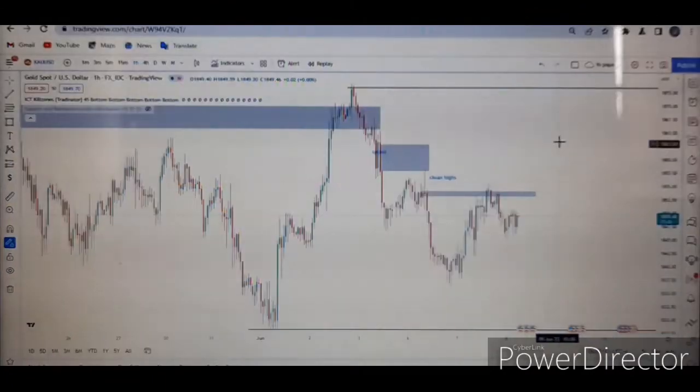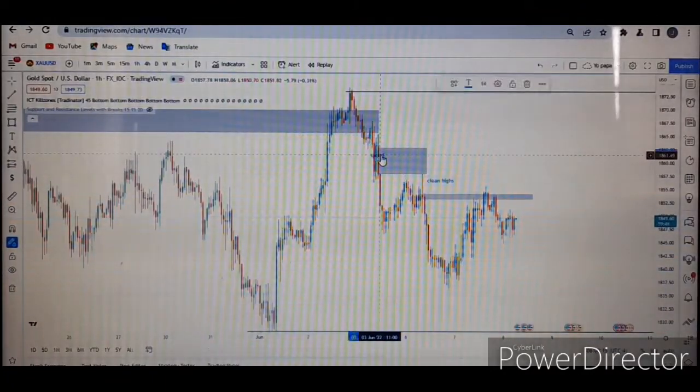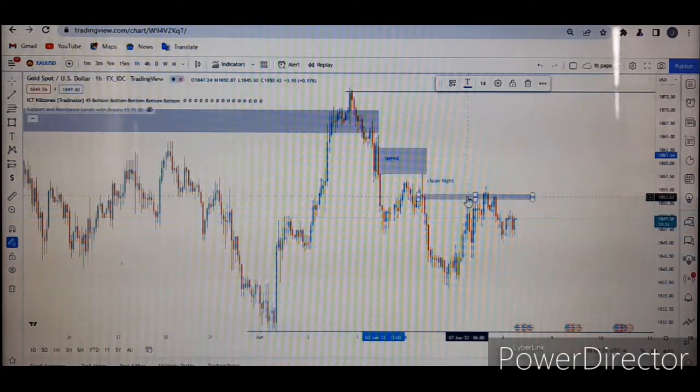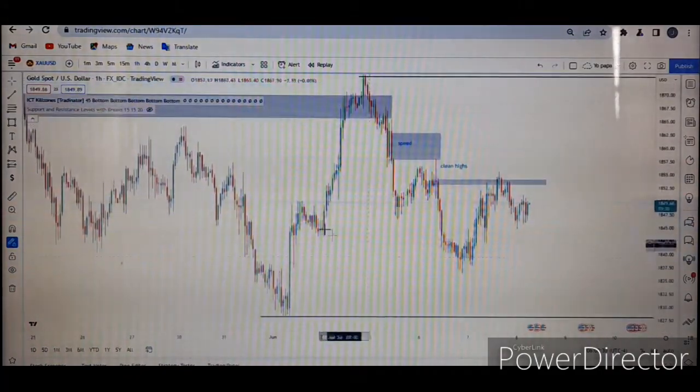So basically, this is how the 1 hour looks. Here is where the market moved with momentum, and then we had these clean highs here that we expect the market to raid. Remember, here the market broke structure to the upside.